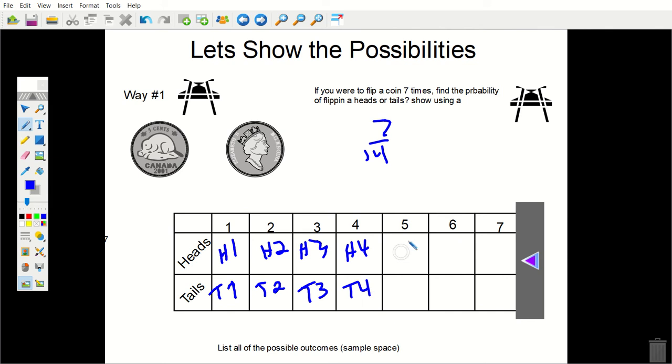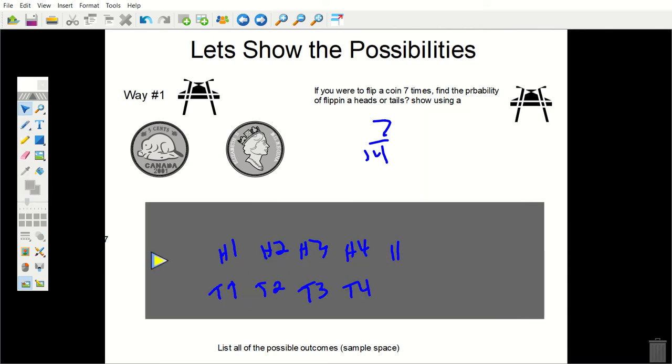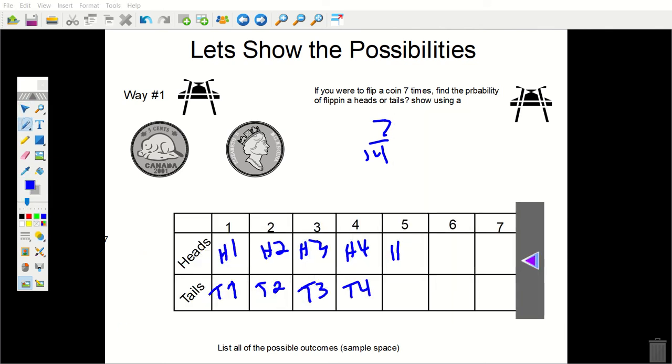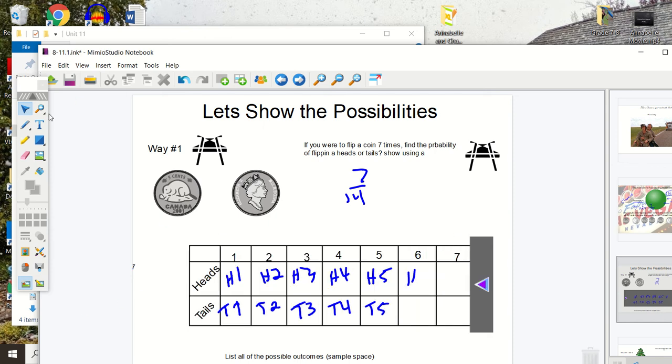And as you fill in the chart, you will see all of the possible outcomes you could have. Sorry, let me just finish this chart for you guys because it's really important to show this. Let's use my mouse. That'll work. Okay, so here we go.